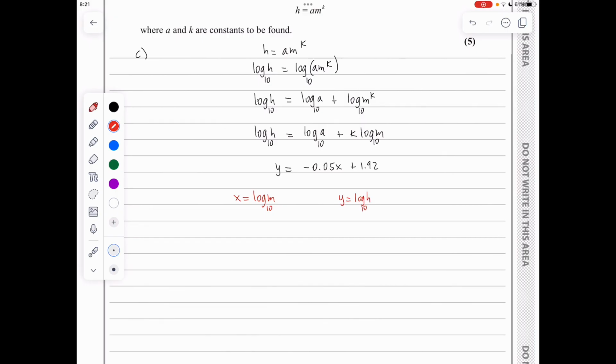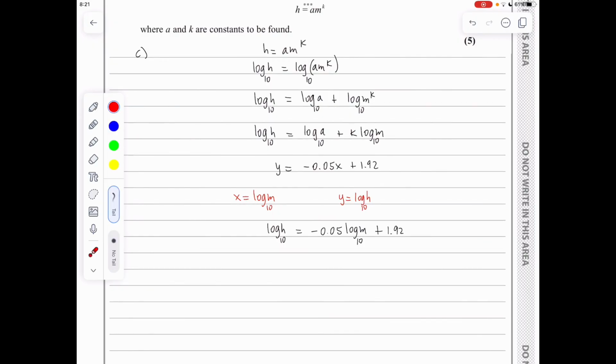This means that I can rewrite this equation here as log H base 10 in the place of Y is equal to -0.05 log M base 10 plus 1.92, and then I can simply compare with what I have here.